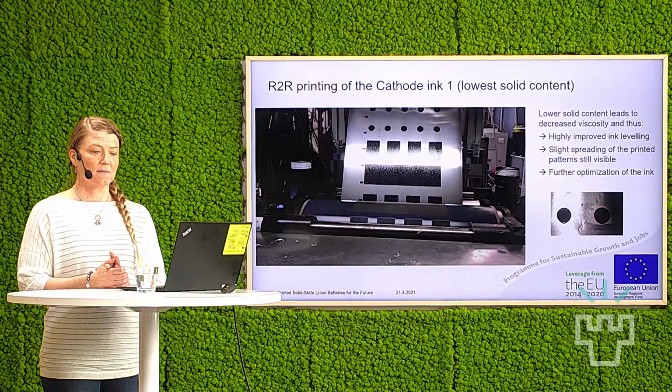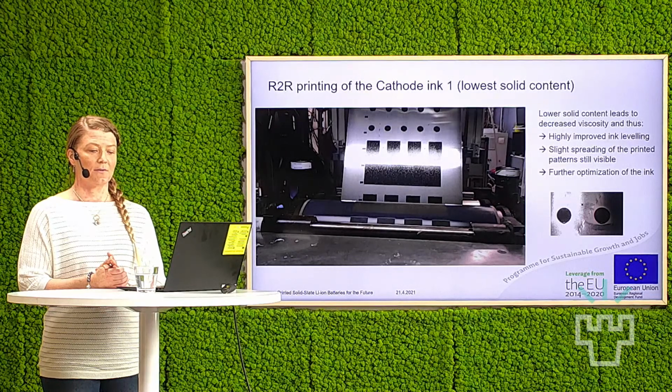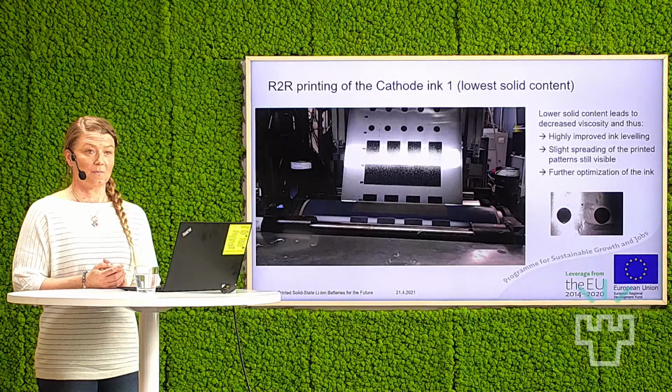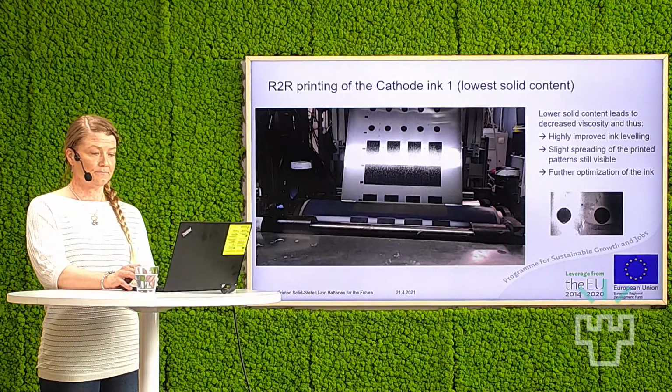There is still some slight spreading of the printed patterns that you can see on this picture at the right, which means that we need a bit of further optimization of the ink to get a perfect pattern printed. But all in all, it looks already very good.